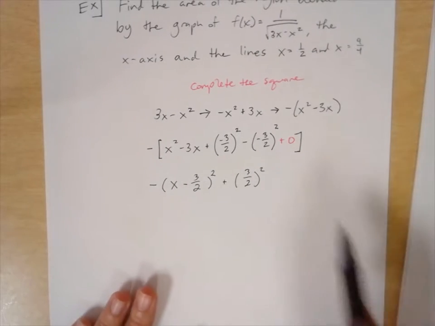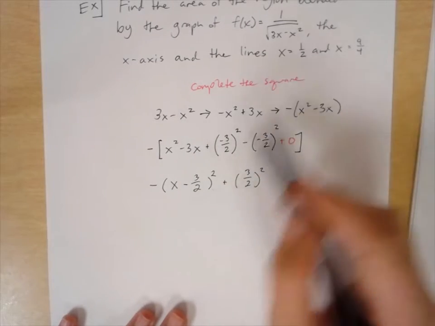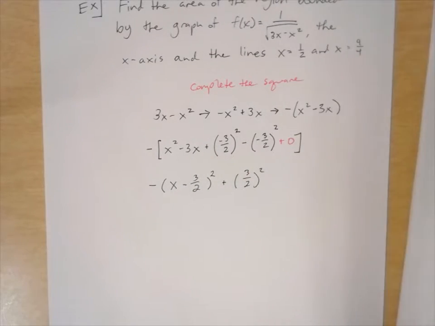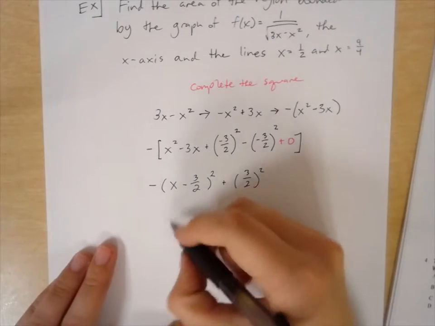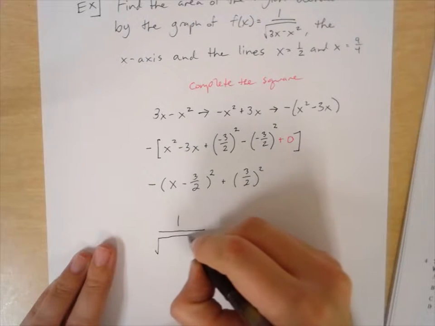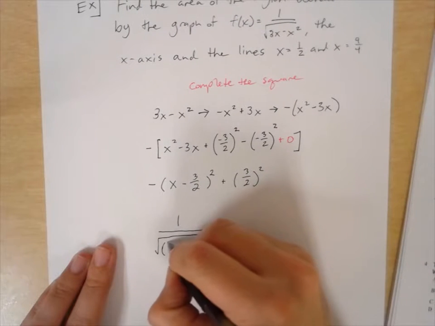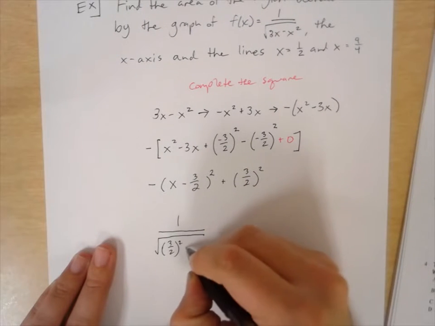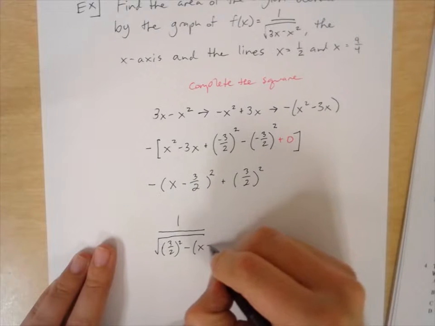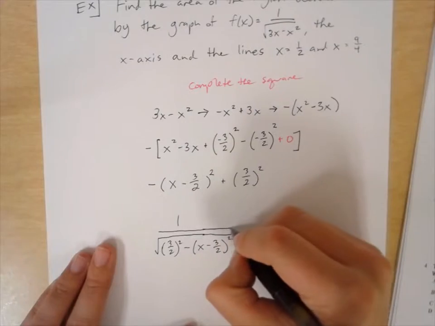We've completed the square, and we can substitute this into the denominator under the radical of our function. So under the radical of our function now, we're going to have 3 halves squared minus x minus 3 halves squared, just what we completed the square with.